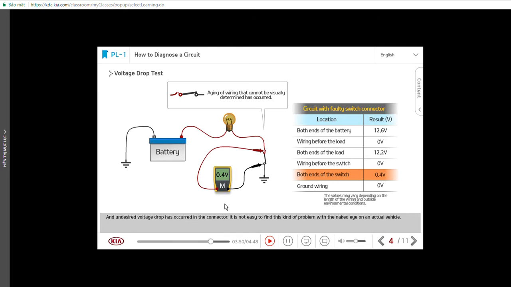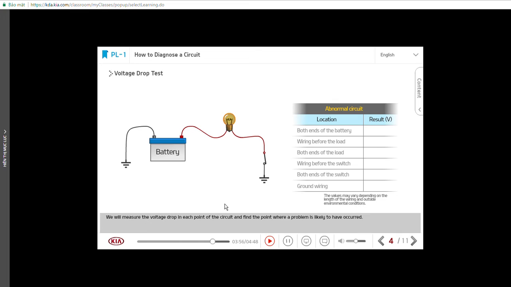It is not easy to find this kind of problem with the naked eye on an actual vehicle. We will measure the voltage drop in each point of the circuit and find the point where a problem is likely to have occurred.